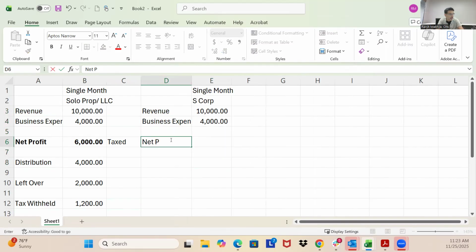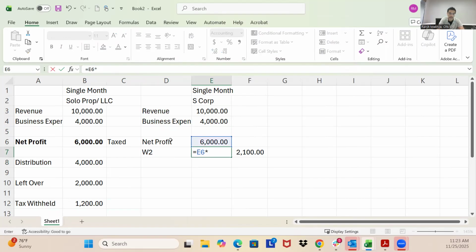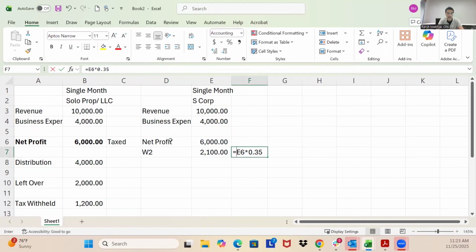Then we have net profit, this minus this, 6,000. With S corps, you also have to have a W-2 salary. So we're going to do 35% of the net profit.